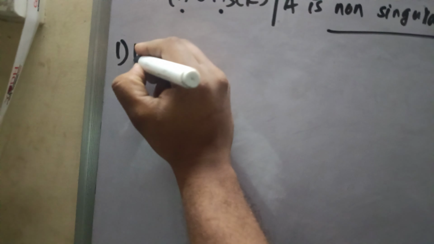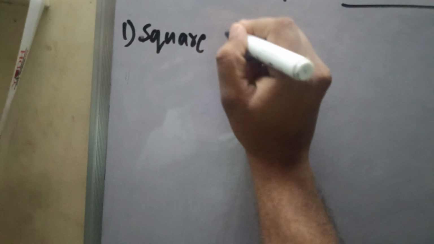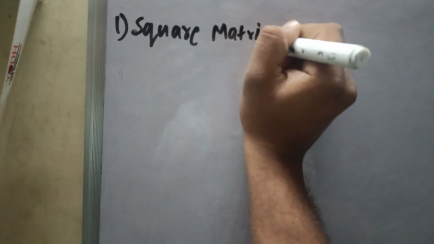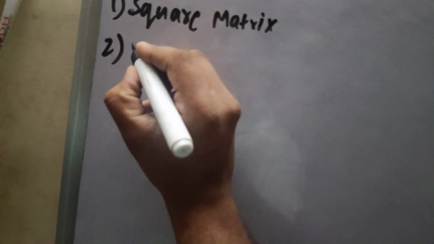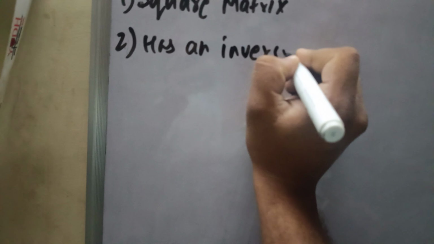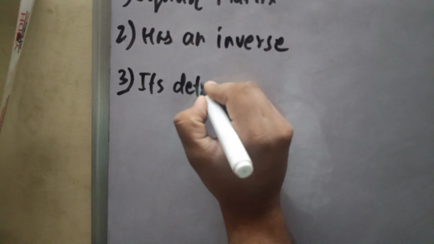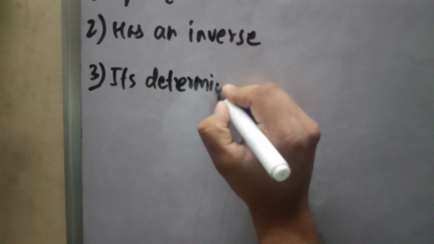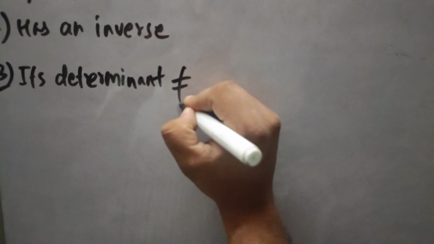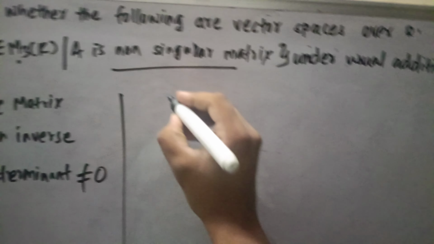A matrix is non-singular when it is a square matrix, it has an inverse, and its determinant shouldn't be 0.